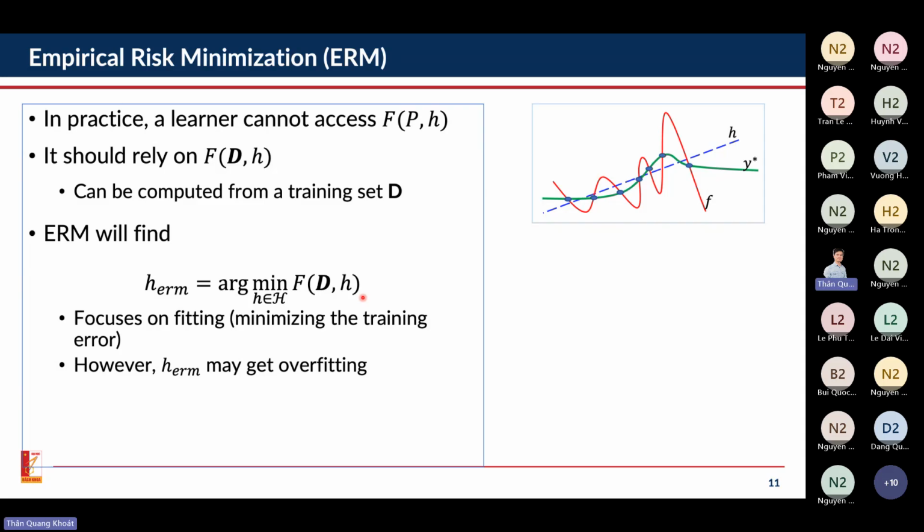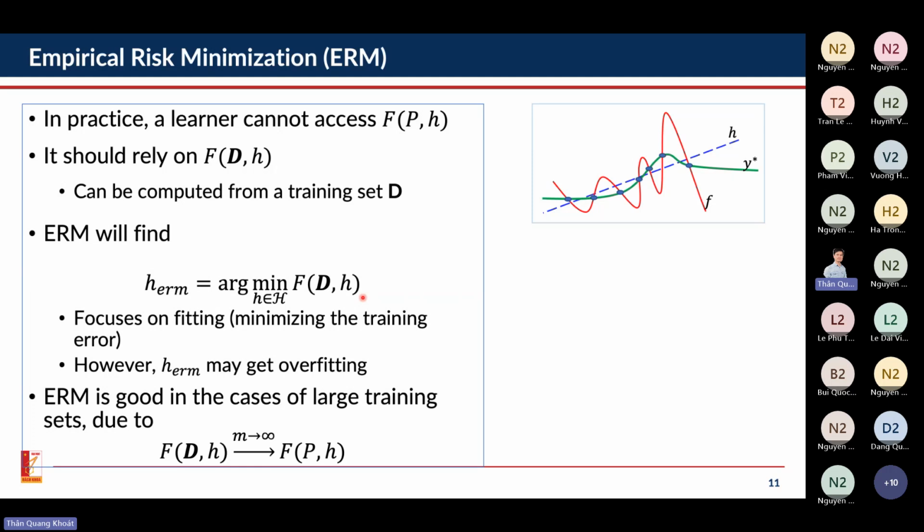But if we have a very large number of training samples, these methods can be very good according to the law of large numbers, because by that law, we know that this empirical error will go to the expected error. But that is in the case of a very huge data set.